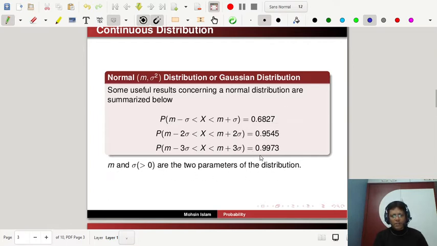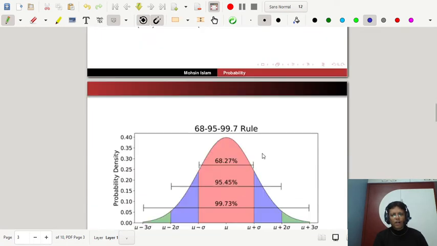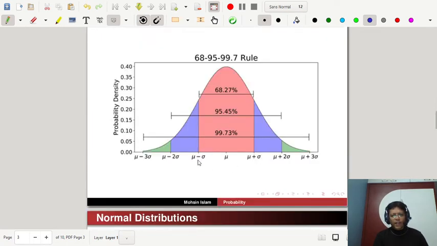So these results can be visualized graphically, right? You look at the pink region, that is from mu minus sigma to mu plus sigma. In the graph we are using mu instead of m. So the region is 68.27%, and if you take the region from mu minus 2 sigma to mu plus 2 sigma, then that is almost 95.45% of the area under the bell shaped curve.